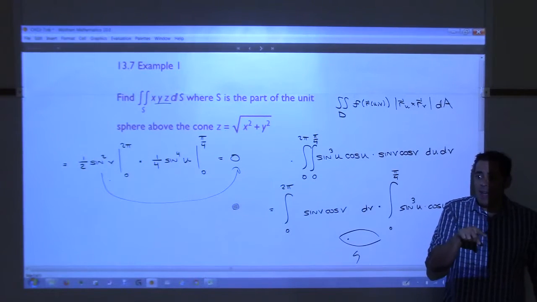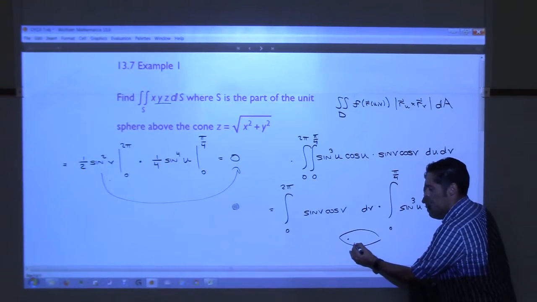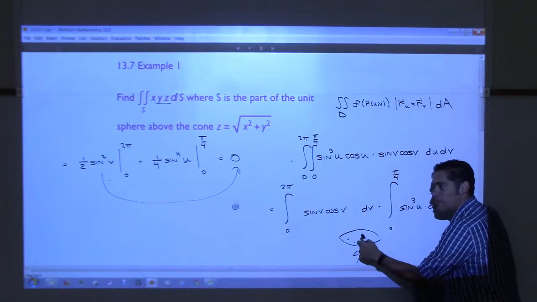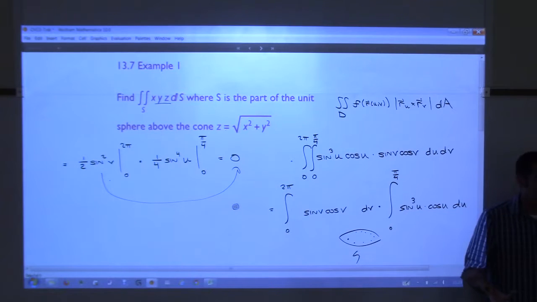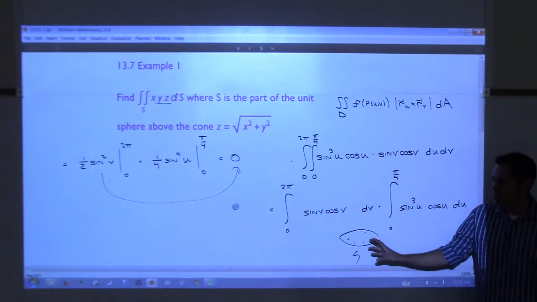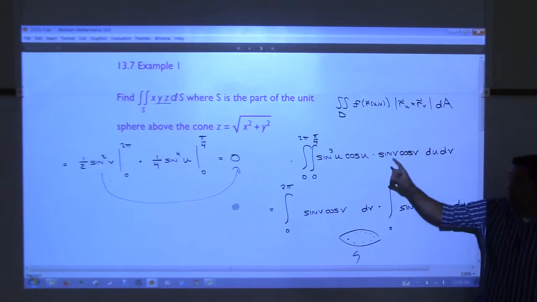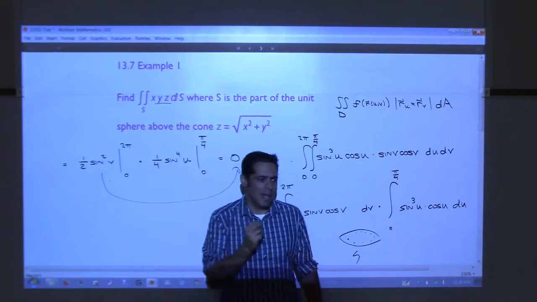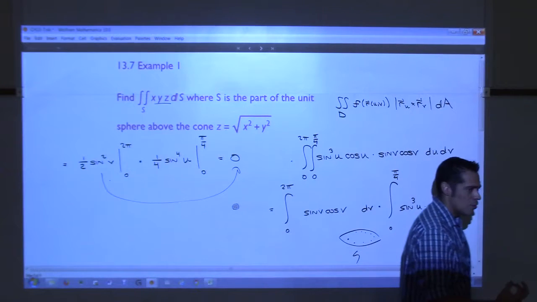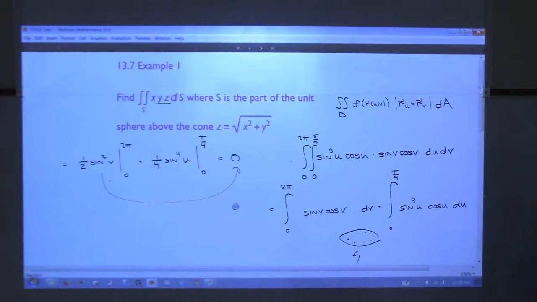And then add that to this one, multiply x times y times z, and we did that for every single point. Some of them turned out to be positive, some of them turned out to be negative, and in the end, when you add them all up, we got 0. And it's really based upon the symmetry of the surface along with this very clean formula, the x coordinate times the y coordinate times the z coordinate. Understand? Okay.